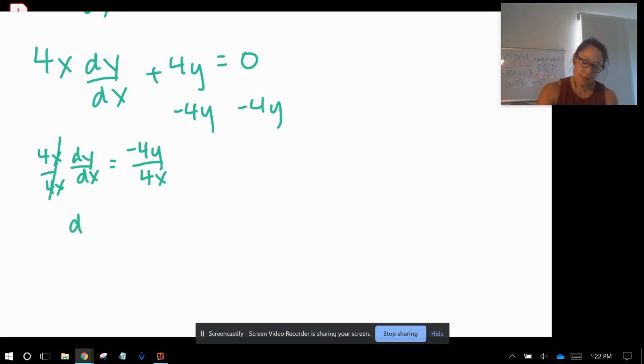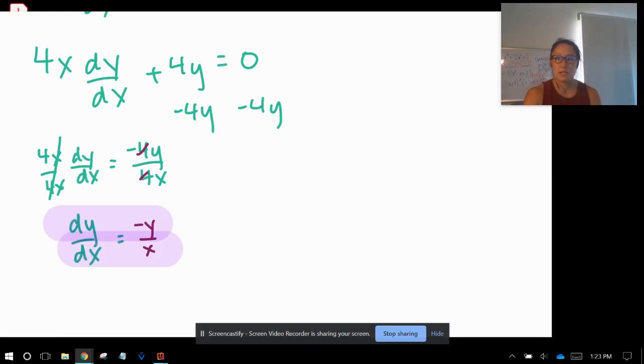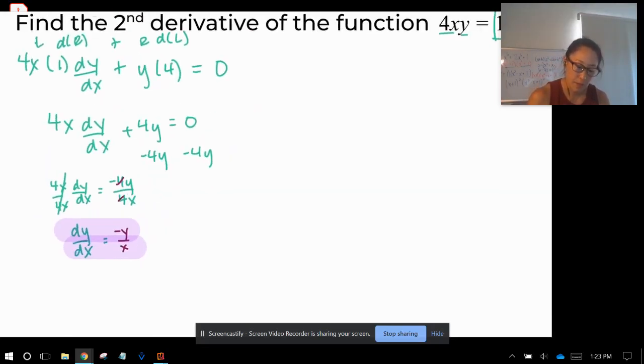Then I'm going to simplify. dy dx is equal to, cancel out these 4's here, negative y over x. And I'm just going to remember that I need to save that for later.